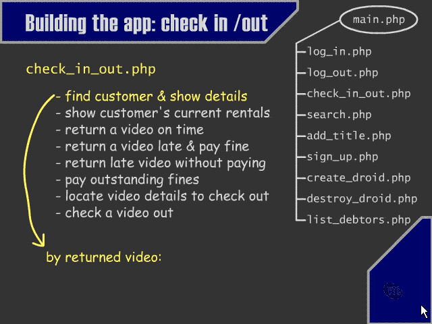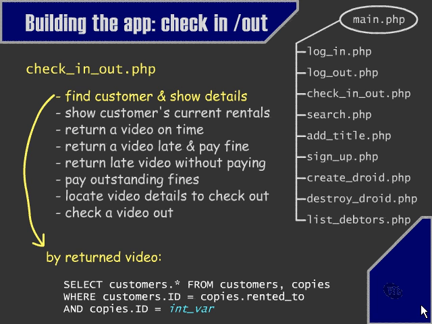We can also search for a customer simply by the video that's being returned. This is particularly important when the customer just drops the video off outside of the office hours. We can then simply type in the integer variable for the video that's been returned, and this particular select query will return the customer to which the video has been rented.